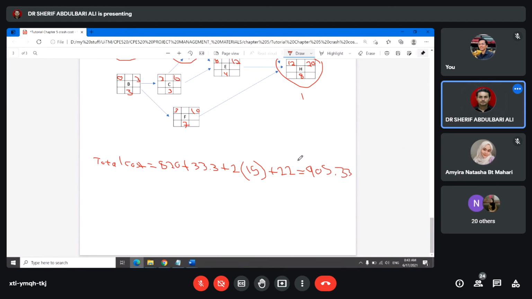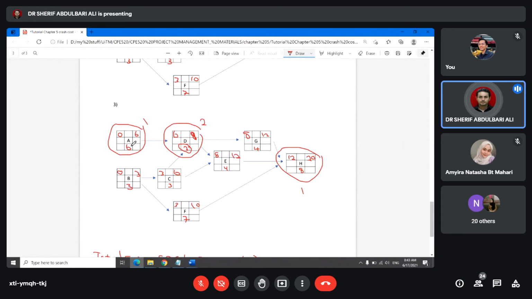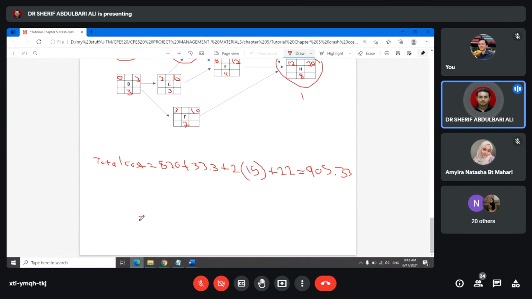Okay. Remember that I told you that if you take the decision to crush A for 2 days and didn't crush activity H, your equation will be like this: 820 plus 2 days from A crush, 33.33, plus 2 days from D. So you will get the answer about 916, something like that.